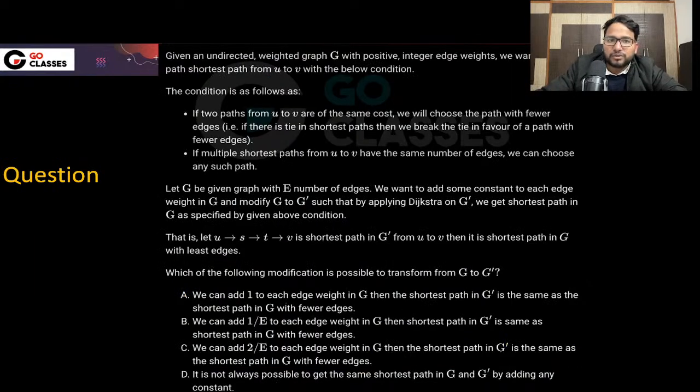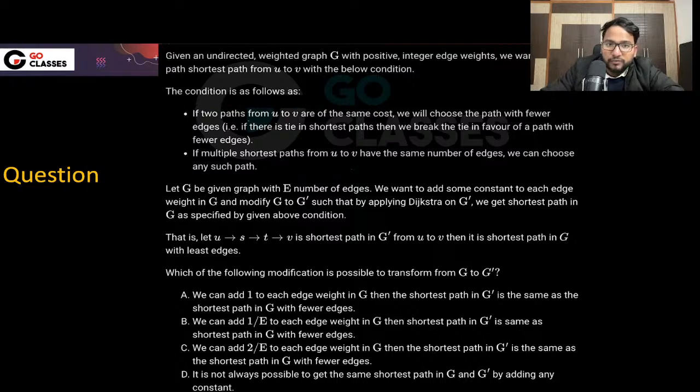Now, let's see this question. This is a little tough and tricky question. They're saying: given an undirected graph, weighted with positive integer edge weights, we want to find the shortest path from U to B with the below conditions.